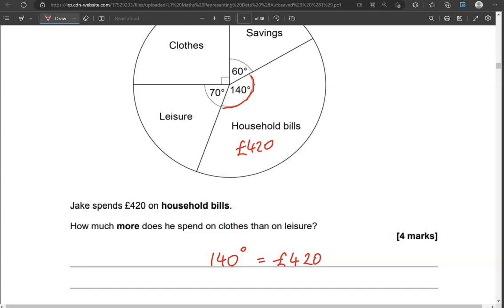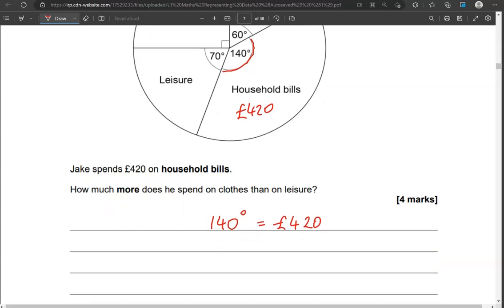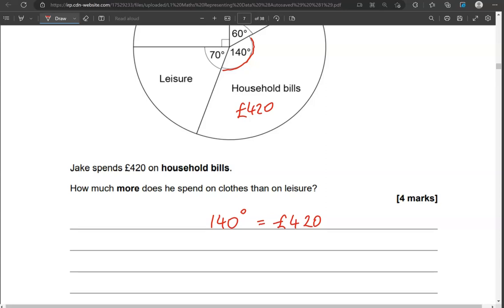just like anything else that we've worked out so far with the pie charts. So we can simplify this further now to work out how many degrees per each pound or how many pounds per each degree. Either way, it should be absolutely fine. Simplifying both numbers by dividing them by 10, I'll get 14 degrees equals 42 pounds.